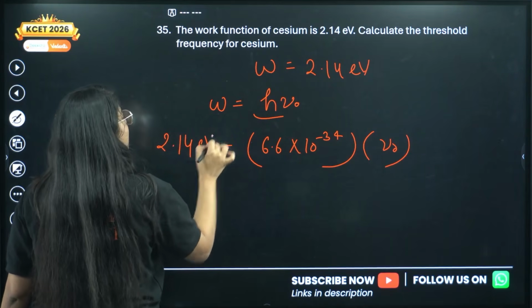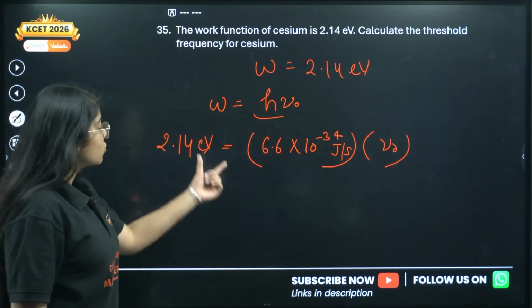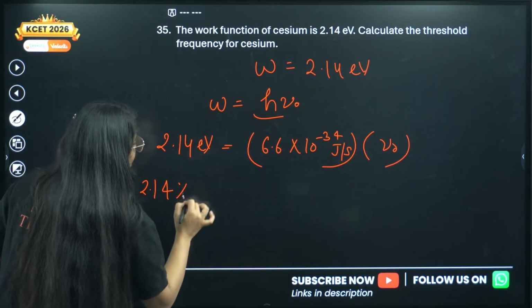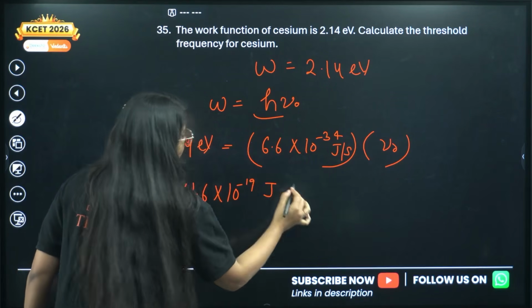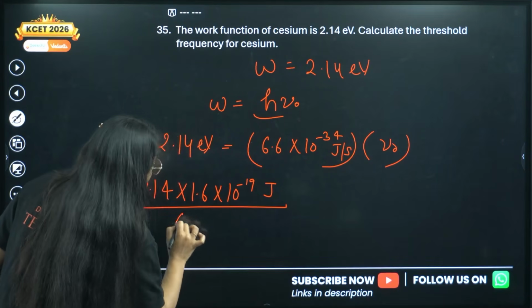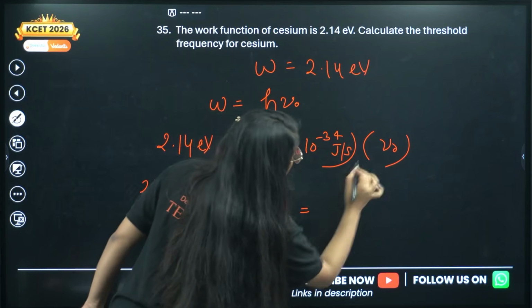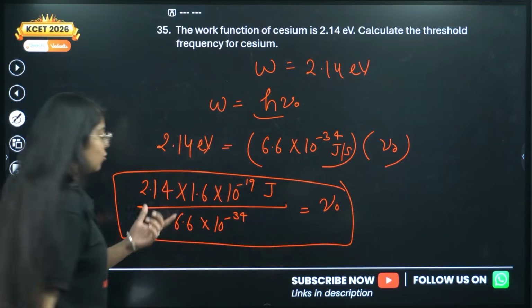The work function is given as 2.14, but it is in electron volt and this is in joule second. So to convert this to joule, we'll just multiply 2.14 with 1.6 times 10 raised to power minus 19, and this will be joule, divided by 6.6 times 10 raised to power minus 34 equals our nu naught. So this will be the answer. You can just solve it.